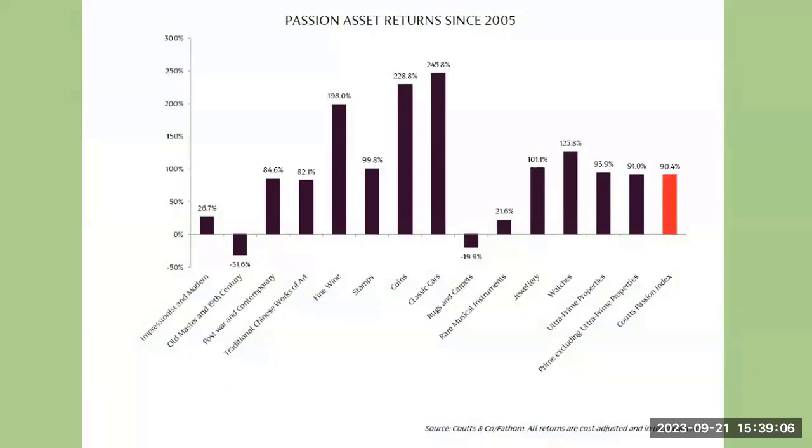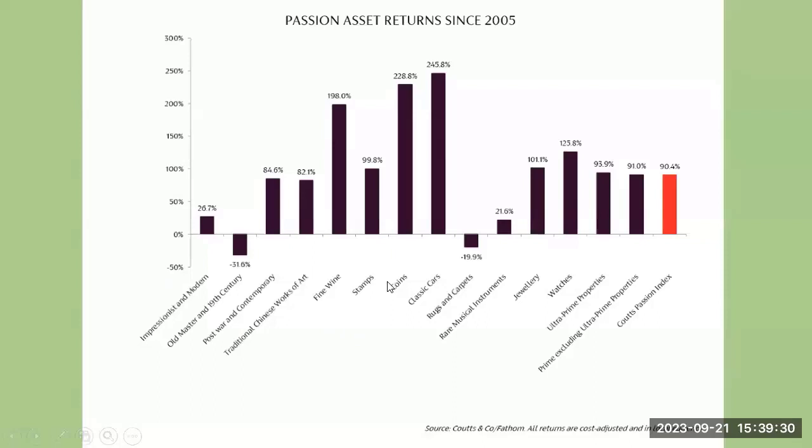It's a few years old, but it shows you what some of these are. Art, fine wine. I don't drink, so I don't know what fine wine is. I do know studies have shown that the best wine tasters in the world can't tell the difference between good wine and bad wine when you test them, and it's like complete randomness. That may be true with artwork as well.